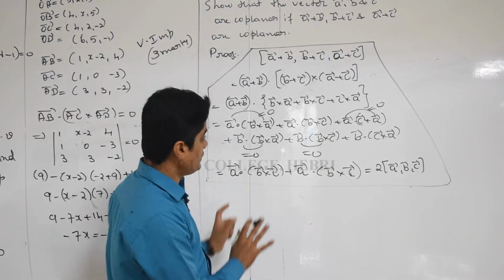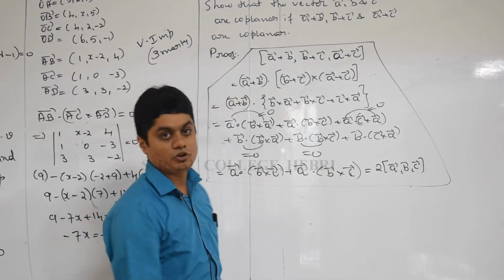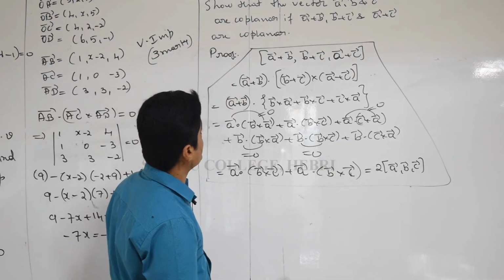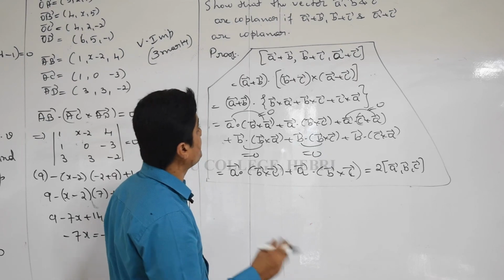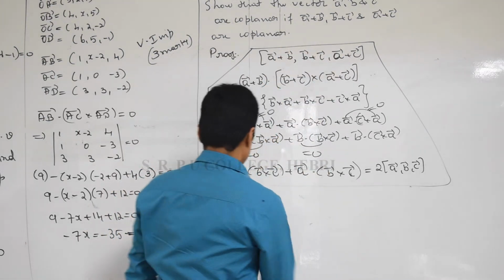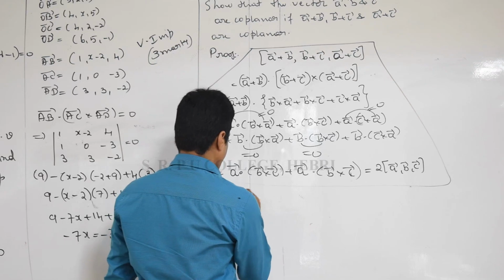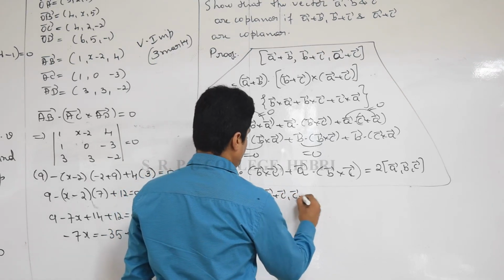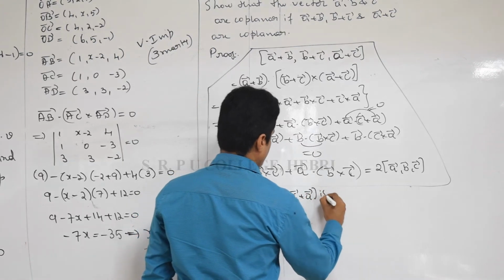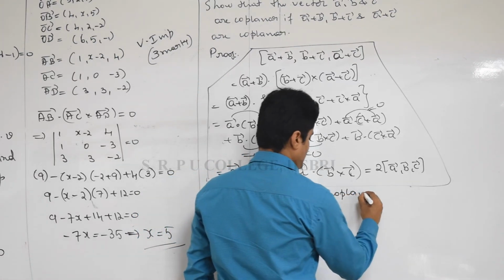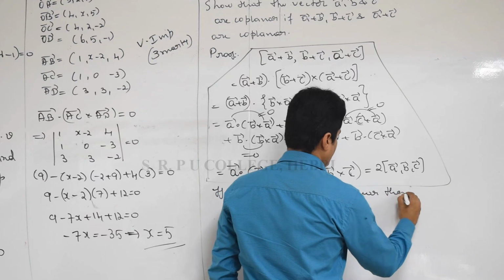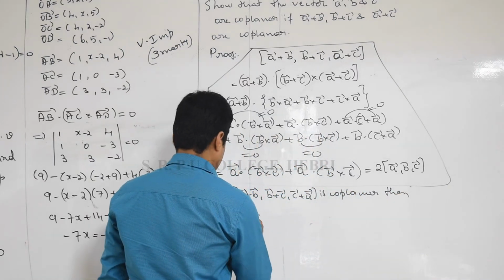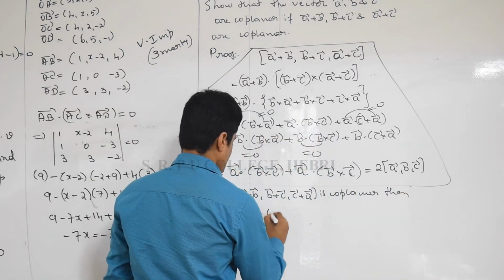Remember that. Now I'll show you how to use this result to solve this particular problem. Show that the vectors are coplanar if the 3 vectors are coplanar. Now if vectors a plus b, b plus c and c plus a are coplanar, then what will happen, tell me? Then the scalar triple product will be 0. You know this property.